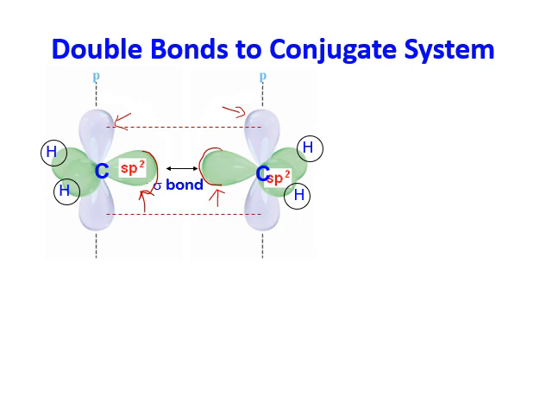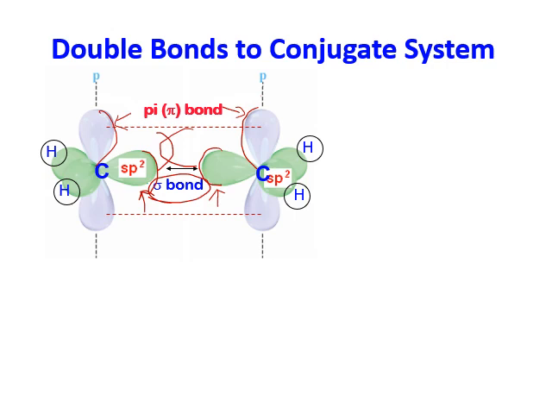The overlap is large, so the interaction is very strong, and this is called the sigma bond. But between these two p orbitals, the interaction looks like a shoulder to shoulder interaction, so it's much weaker, and this is called the pi bond.